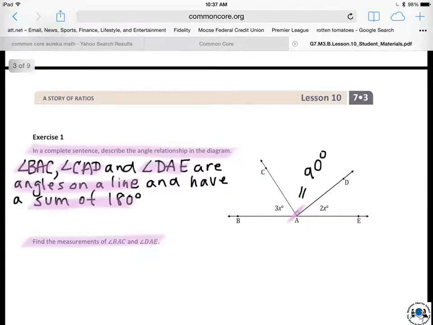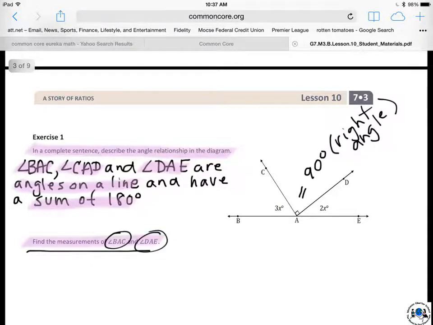That is our symbol for a right angle. If you didn't quite know that yet, that's a right angle. So go ahead and use an equation to come up with the measurements of BAC and DAE.